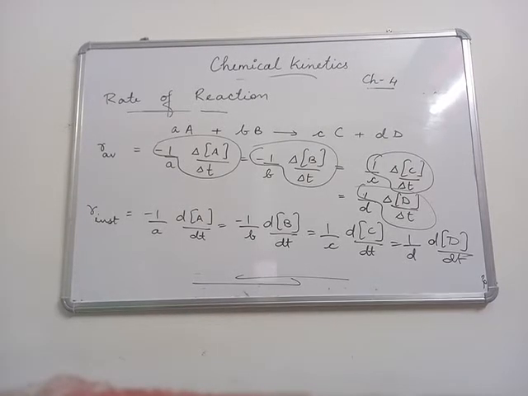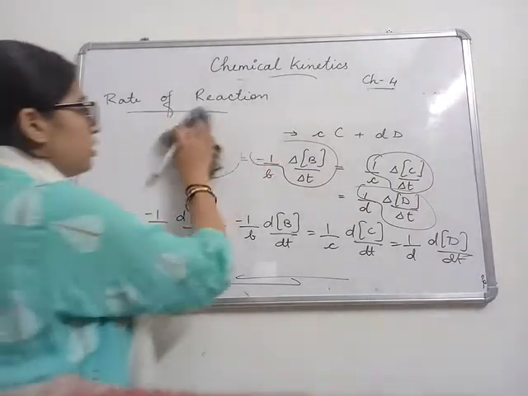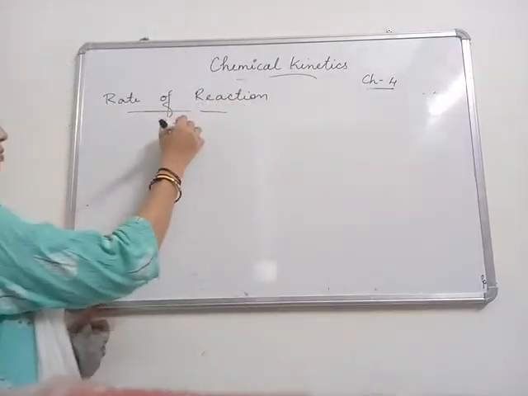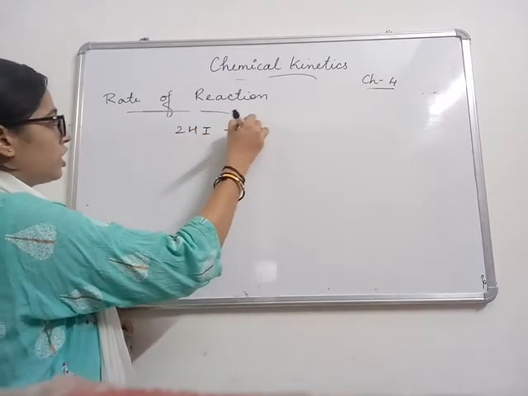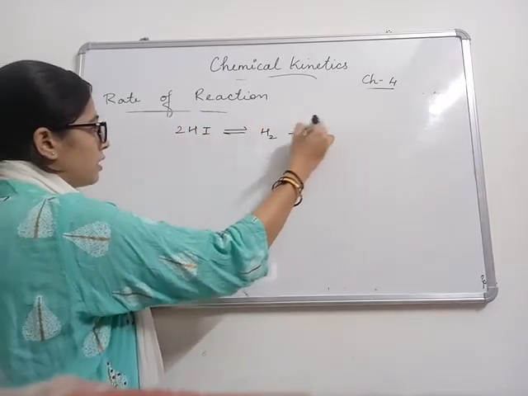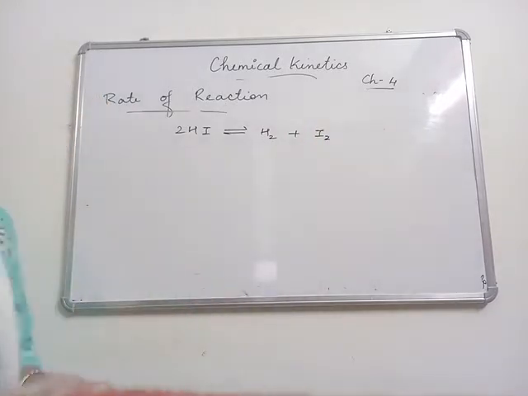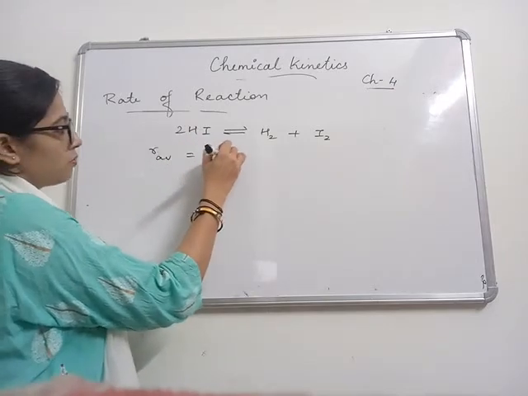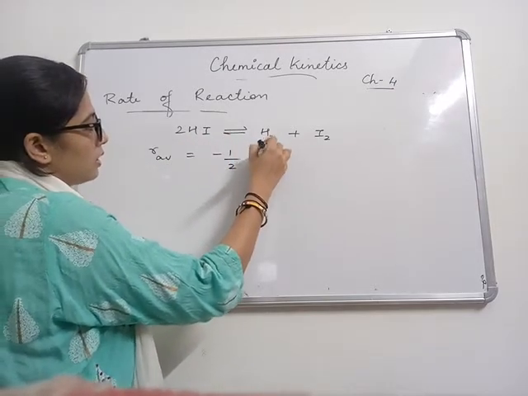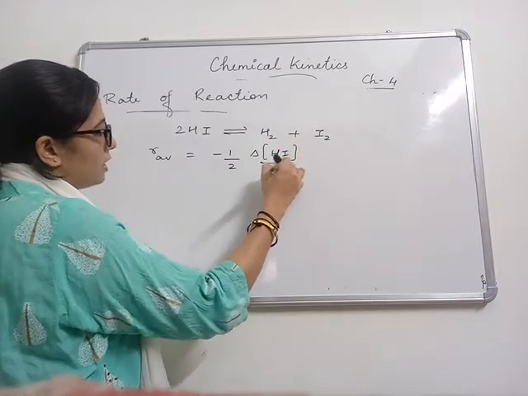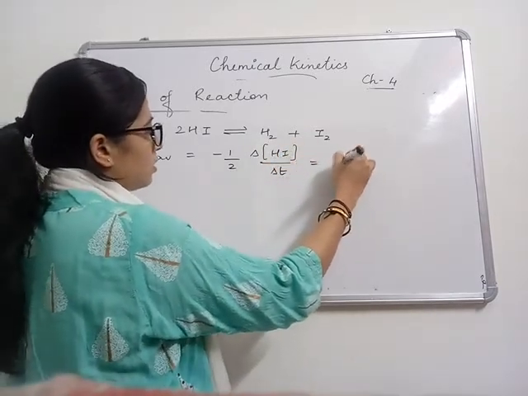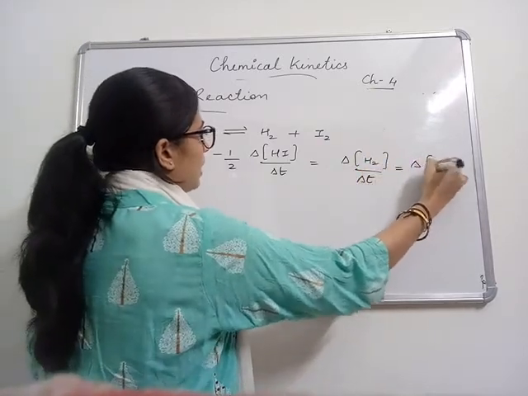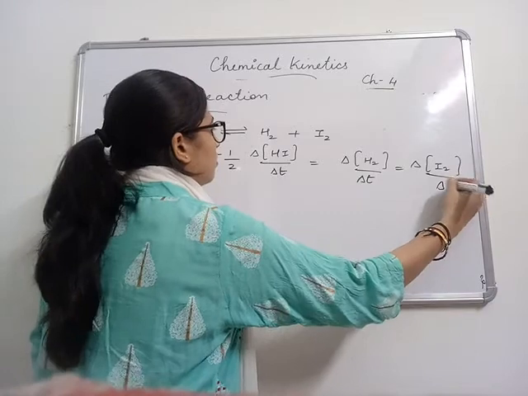So if you have a general reaction, you can write how to find the average rate and instantaneous rate. Now if we have an example, say you have a reaction 2HI gives H2 plus I2. For this reaction you need to write the rate. Say for the forward reaction, the average rate is minus 1 upon 2 delta HI upon delta t, which is delta H2 by delta t, which is equal to delta I2 by delta t.